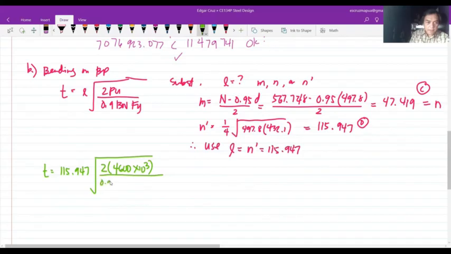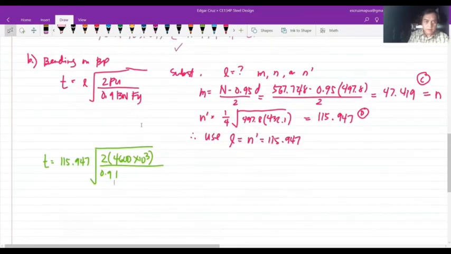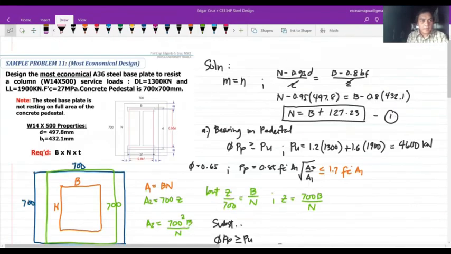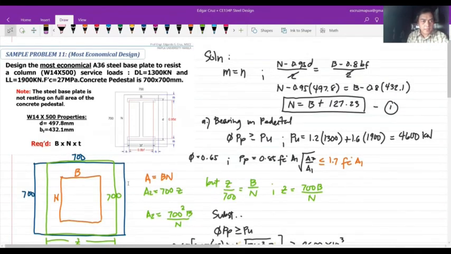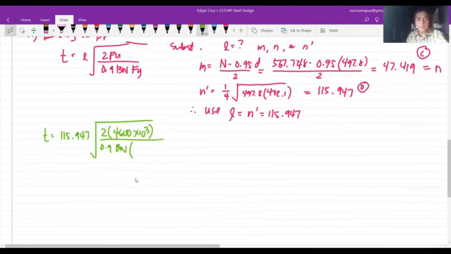So we have 0.9. You have the B, 440.518. Okay, so basta ano ko lang B. Tapos N. Tapos yung Fy natin is A36 steel. Okay, so A36 steel. So we have 248.